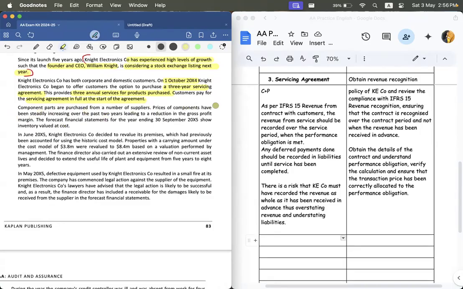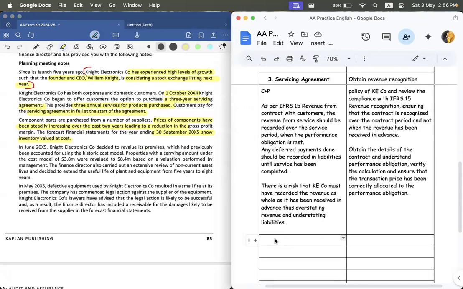So prices have been steadily increasing. What does that imply? That means the purchase cost is going up, right? The forecast financial statement for the year end 30th September 2005 shows the inventory valued at cost, right?